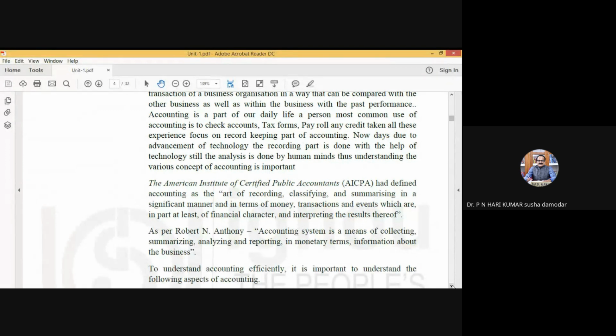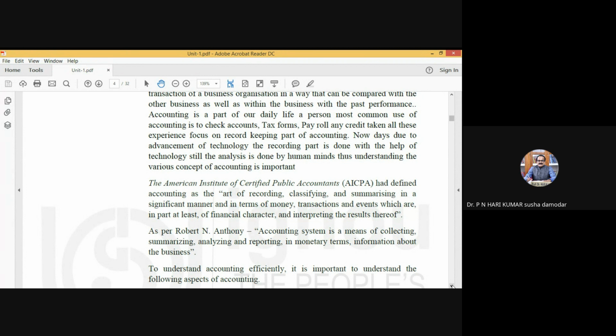In addition, the AICPA defined accounting like this: the act of recording, classifying, summarizing, in a significant manner in terms of money, transactions and events which are in part at least of a financial character, and interpreting the results thereof.